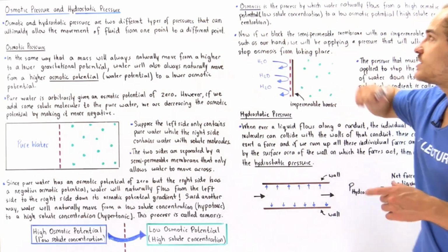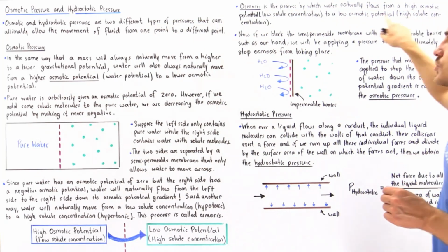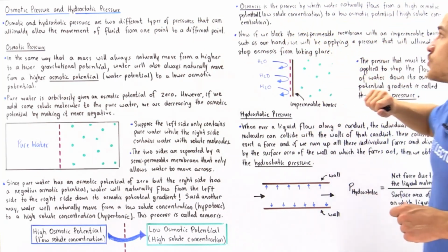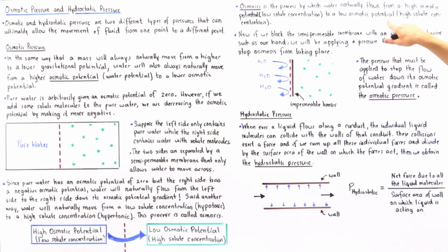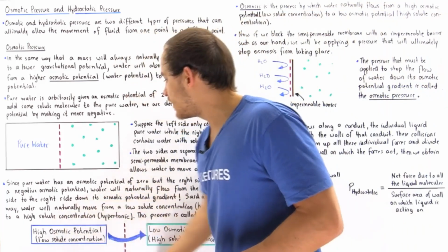So osmosis is the process by which water naturally flows from a high osmotic potential or low solute concentration to a low osmotic potential or a high solute concentration. And this is described by the following diagram.